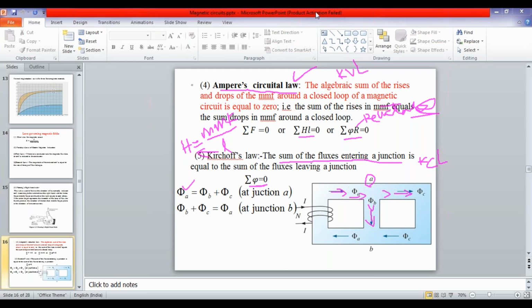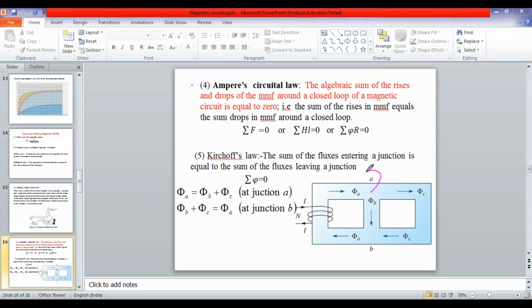I will clear the screen and re-explain this. At junction A, flux phi A is the incoming flux, and flux phi B and flux phi C are the outgoing fluxes.